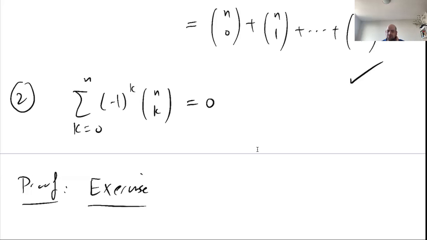So this one is 0, and you can write 0 as 1 plus minus 1, and then the whole to power n, and then again use the binomial expansion. And then you will see that 0 will be equal to the left-hand side. So that's easy to prove. Okay.